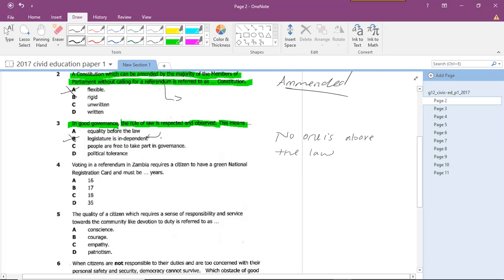This wing of the government, the legislature, is the one that's associated with mostly making the laws of a state. So if the legislature is independent, the rule of law is going to be respected. So that should be the answer. Yeah, the answer is the legislature.